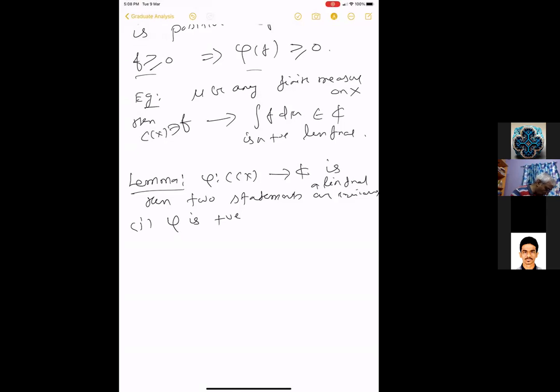Then the second one is it's automatically bounded. If it is positive, it's automatically bounded. Phi is bounded, automatically continuous.